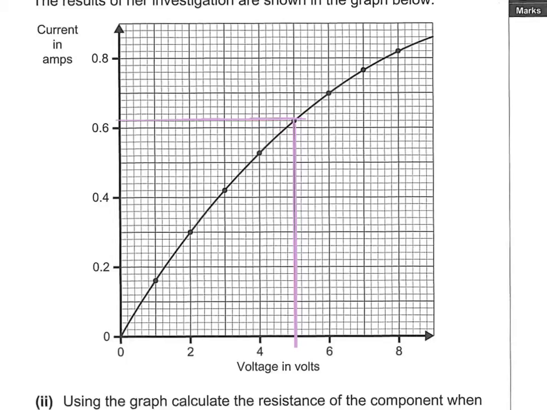To get 0.6 required more than 4 volts. To get 0.8 required nearly 8 volts. So 2, 4, 6 if it was proportional. It's getting harder to get the extra bits of current. So the resistance of this is increasing.